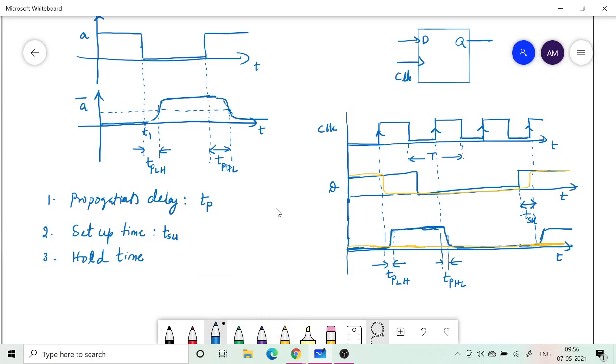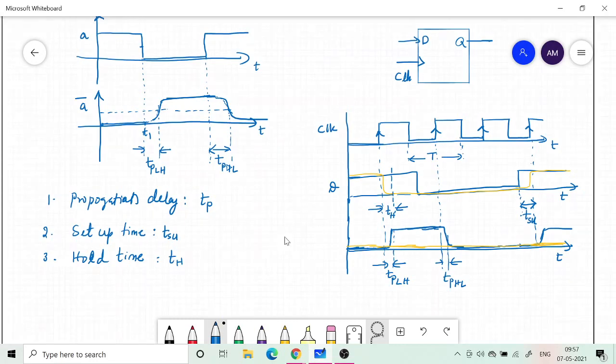Okay, so if that minimum time, for example this is that minimum time, then if we maintain that input beyond that time, then it will definitely be latched to the output. Okay, so that time is what we refer to as the hold time. So TH for hold time, TP for propagation time, TSU for the setup time. I hope that is clear.